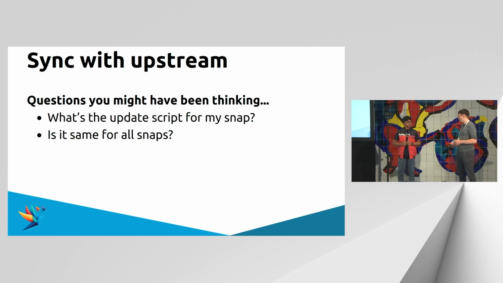We have a whole bunch of example scripts for how to do this if your dependencies are on GitHub, if they are archive packages, or if they are something else. Our CI/CD system will run the script every night, update your snap, and then rebuild everything.